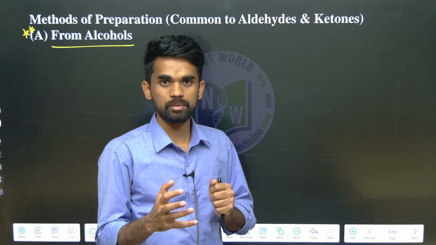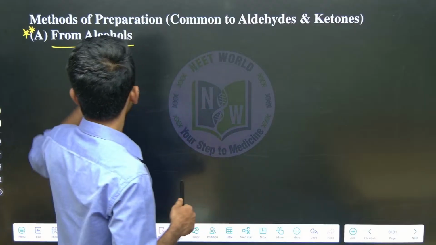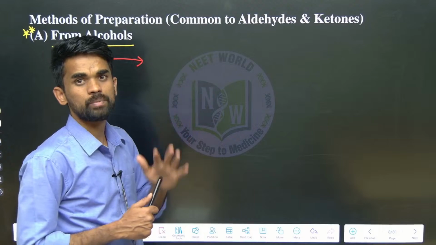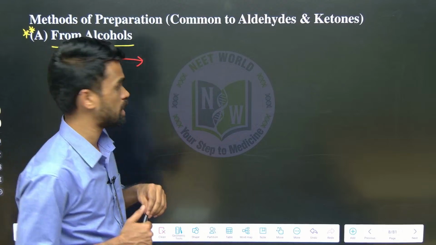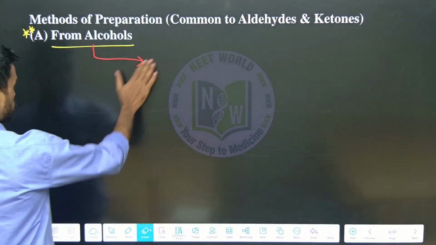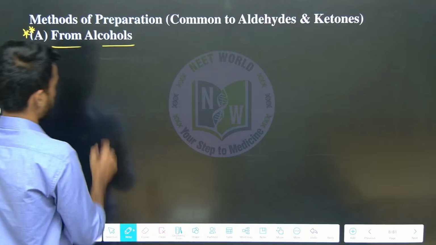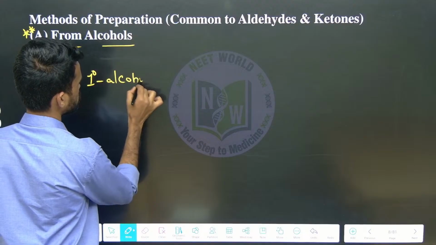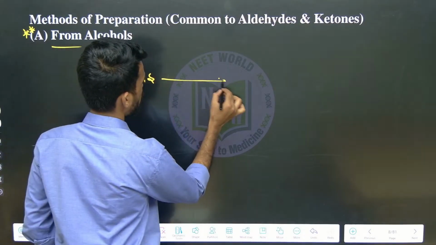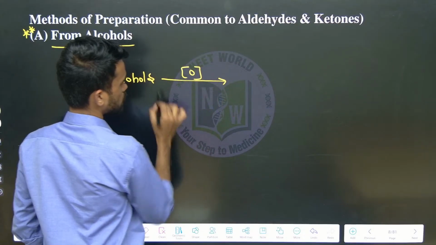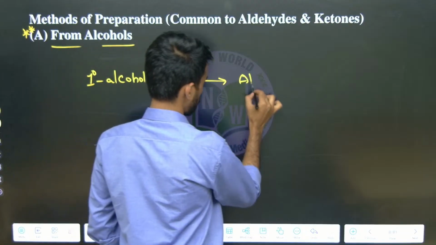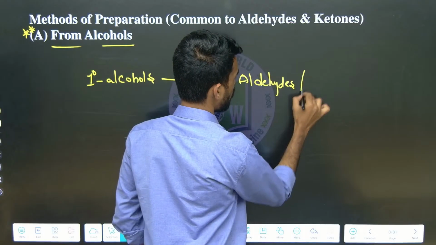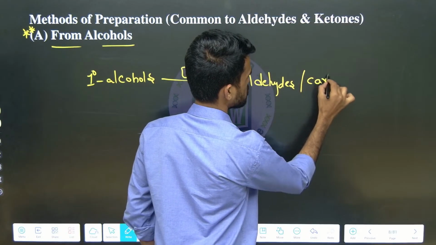Okay, not all chemical properties, but alcohols upon undergoing oxidation give the respective carbonyl compounds or carboxylic acids. So let us say here we have primary alcohols. Upon oxidation they give either aldehydes or carboxylic acids.